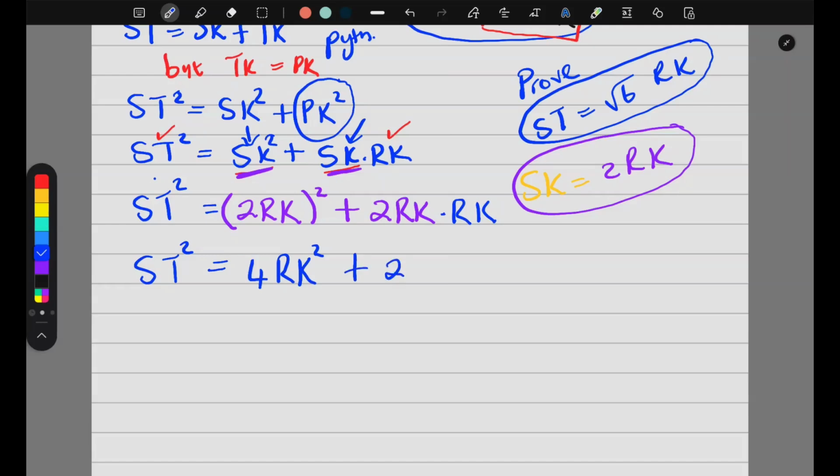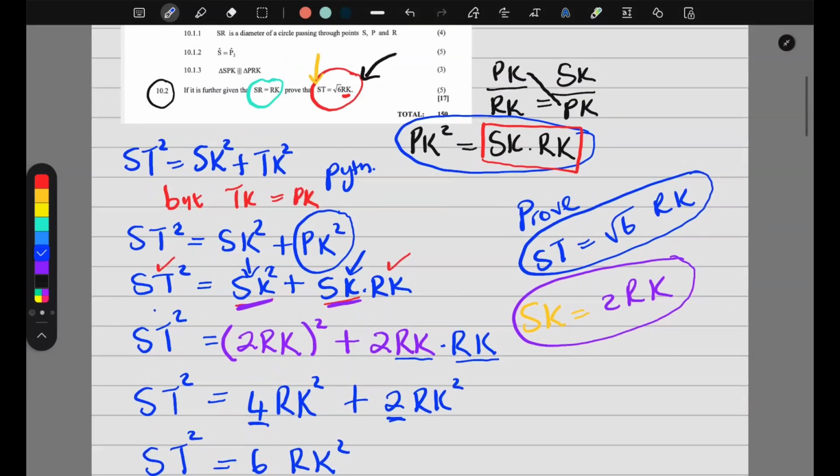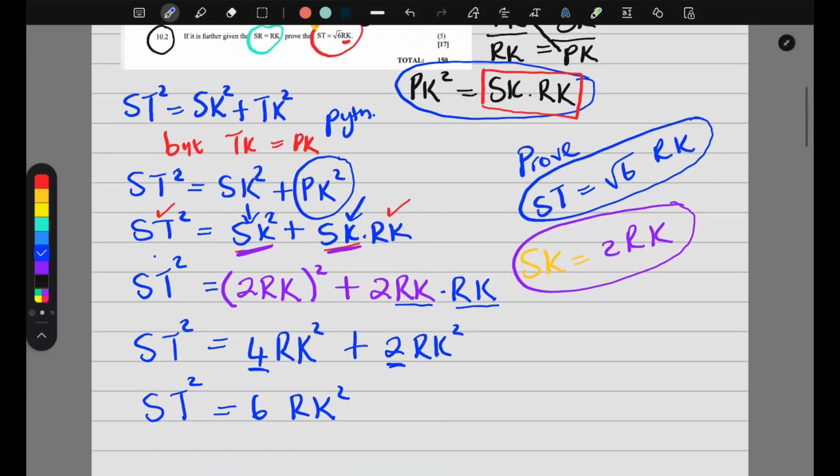Plus 2RK squared. RK times RK is RK squared. And they are like terms. So ST squared is 4 plus 2. That's 6 RK squared. But the question said you have to show that ST is equal to something.